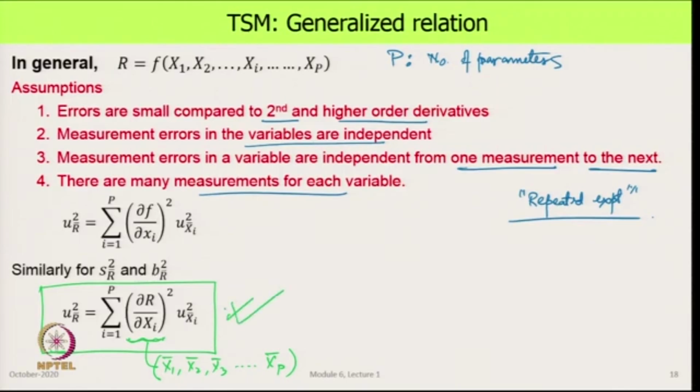This is our full form of what you may call the law of uncertainty propagation, or just uncertainty propagation, or as we have always called this, the Taylor series method of uncertainty propagation.